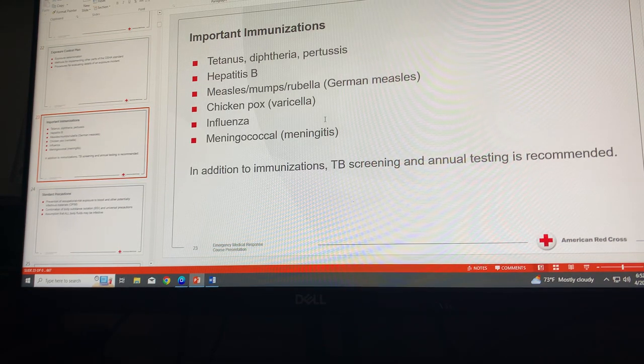So next we're going to discuss, on this slide, important immunizations. Okay. Before working as an EMR, you should have a physical examination to determine your baseline health status.